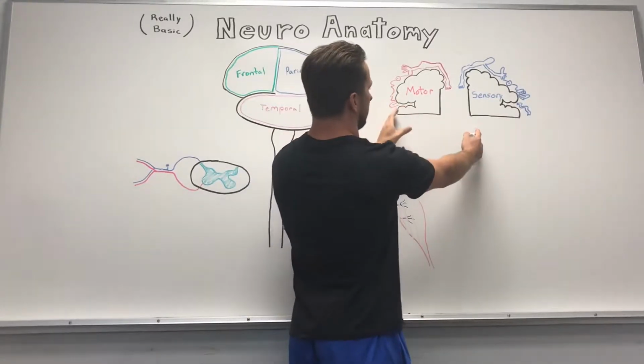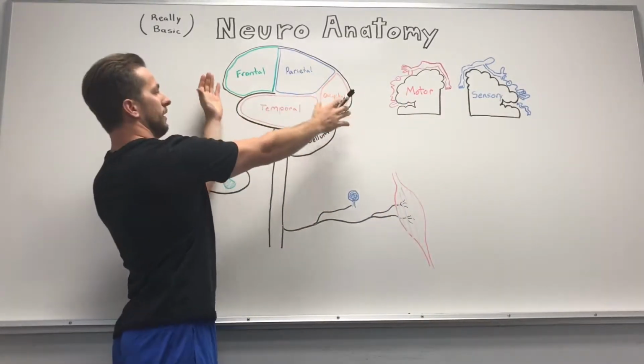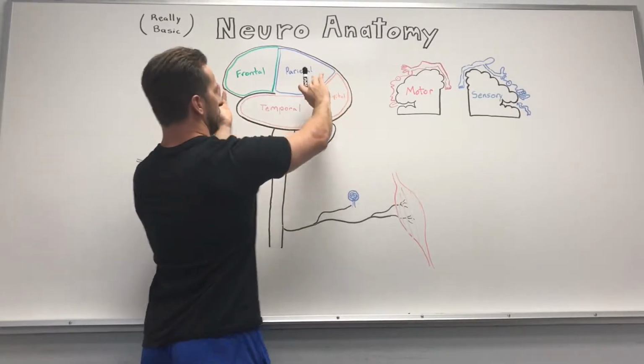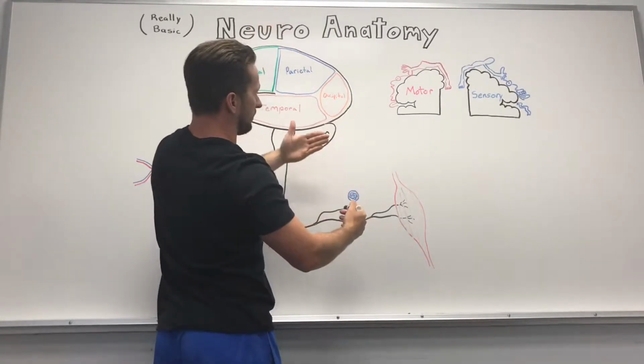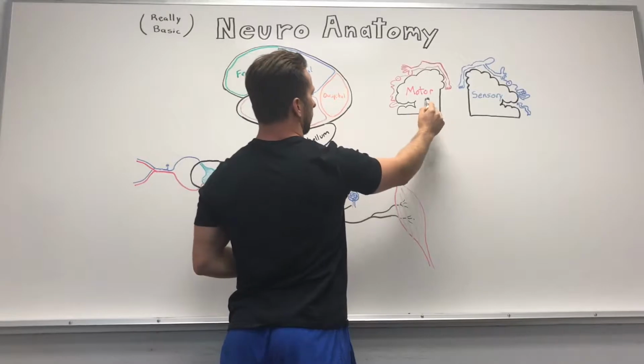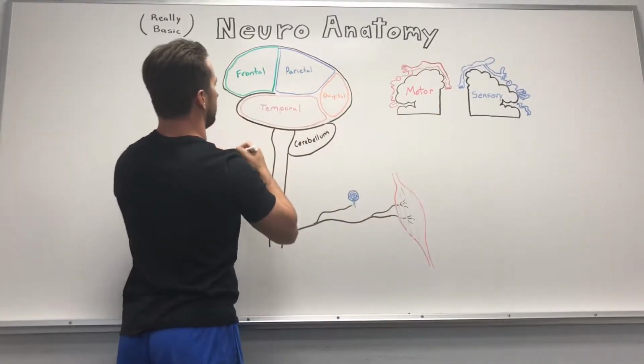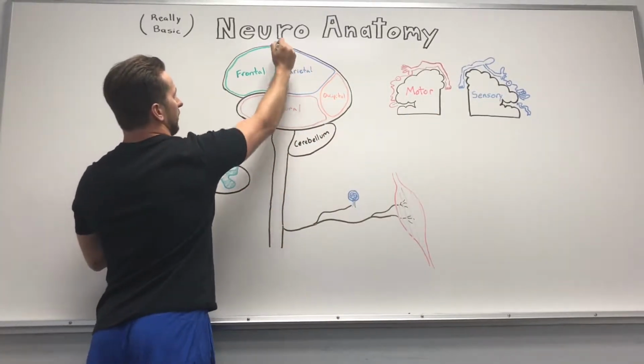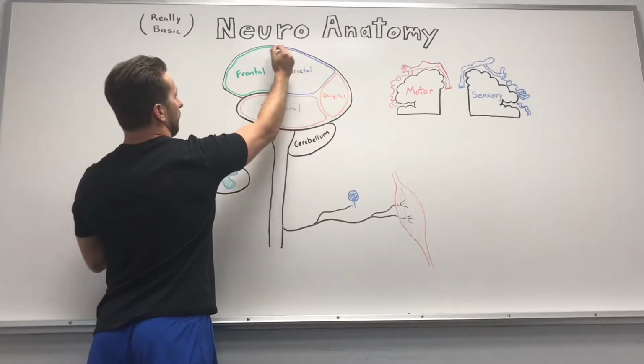These diagrams are basically if we took the brain, which is longitudinal, turned it towards you and took a cross section of it. This motor homunculus is referring to a cross section of the brain right here at the back of the frontal lobe, all right?